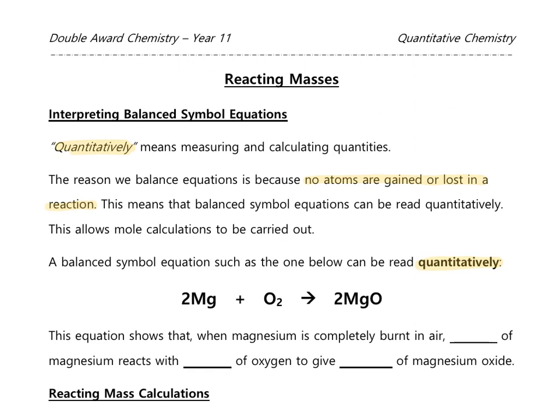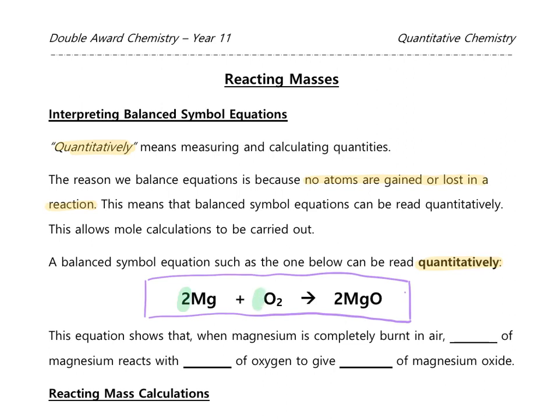Well, let's look at an example of a balanced symbol equation. So here we've got magnesium reacting with oxygen to give magnesium oxide. Essentially, this is the equation for the reaction of burning magnesium. You don't need to understand the chemistry of what's going on here, but we want to read it quantitatively. So you'll see I've got my balancing numbers here. There's a 2 in front of my magnesium.